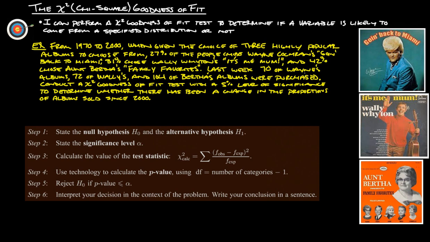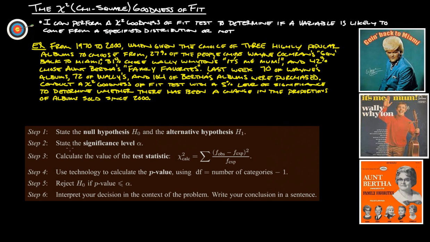Last week, 70 of Wayne's albums, 72 of Wally's, and 104 of Bertha's albums were purchased. Conduct a chi-square goodness of fit test with a 5% level of significance to determine whether there has been a change in the proportions of albums sold since 2000.